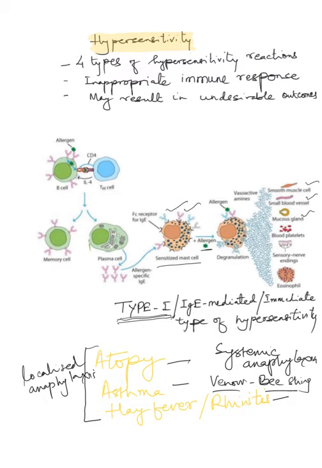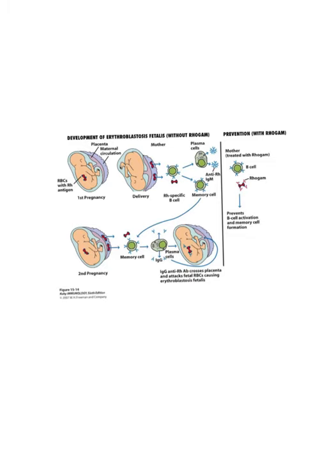Those are already produced against the allergen, and they are bound to the mast cells, and as the allergen binds, there is degranulation, and because of this, many chemical mediators are released, and they act on different cells, and the outcome of those actions are production of the disease such as hay fever, asthma, rhinitis, and even the systemic anaphylactic shock. Now talk about type 2 hypersensitivity.